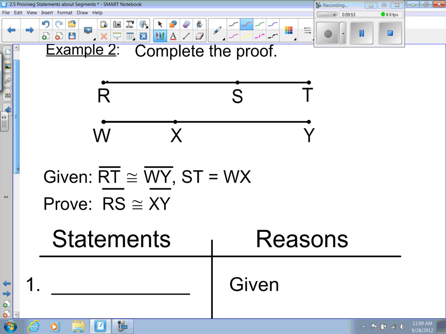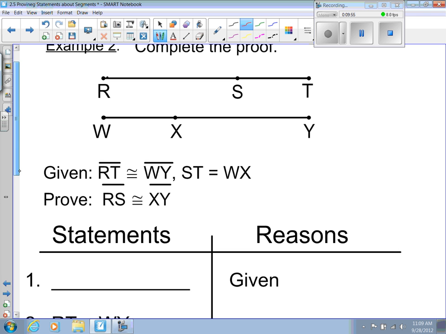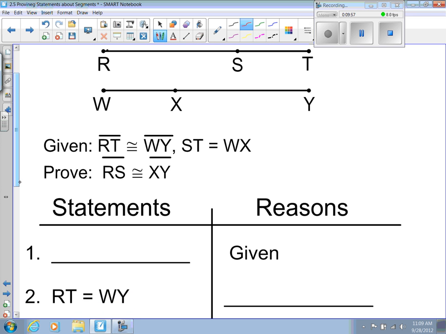Complete this proof. That's the directions. They give us a picture. And what else do they give us other than the picture? They also give us these two things. That segment RT, this whole segment, is congruent to WY, this whole segment.